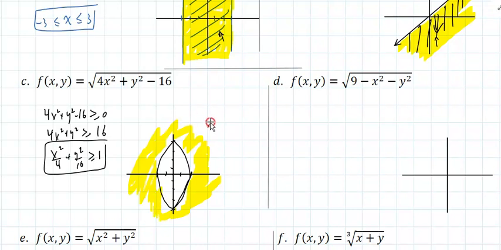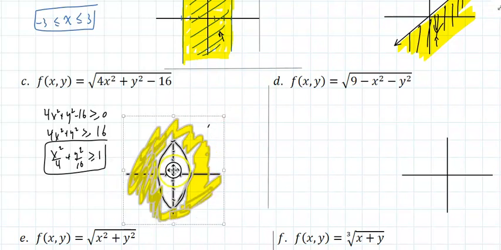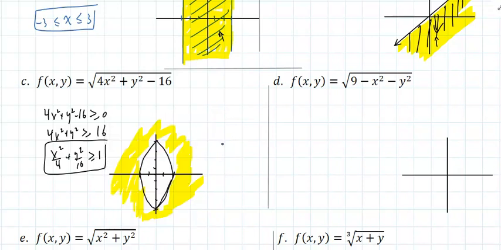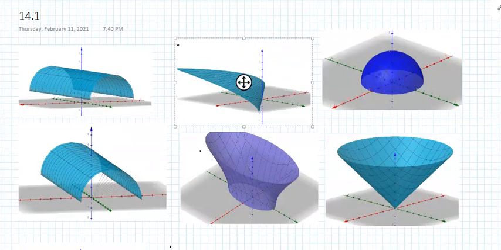And if I look at the 3D graph of this, again, this is all they want in the section. But if I look at the 3D graph of this, it's right there.